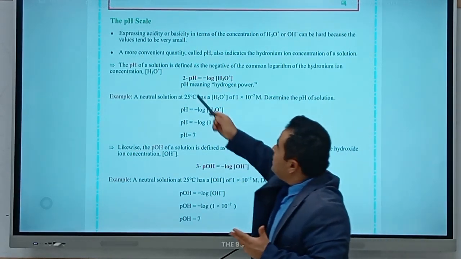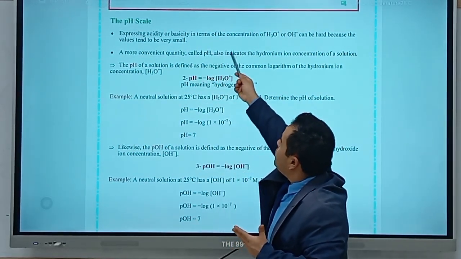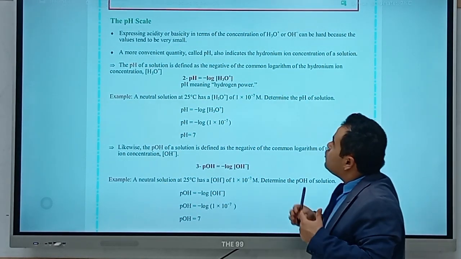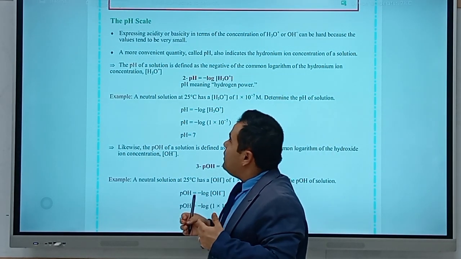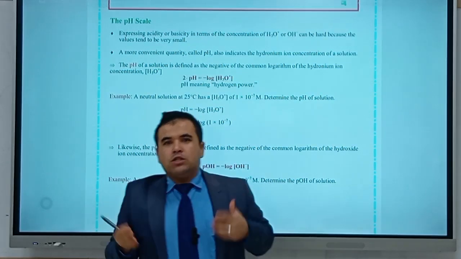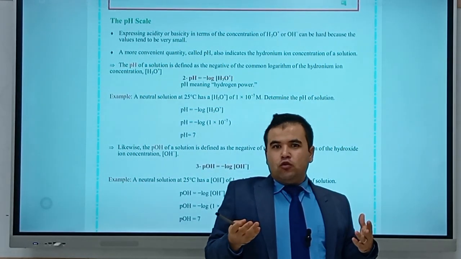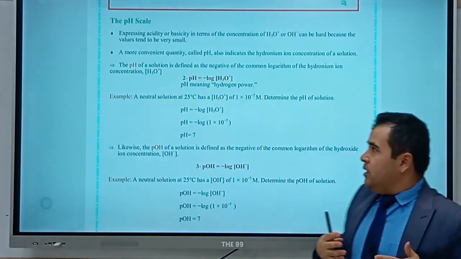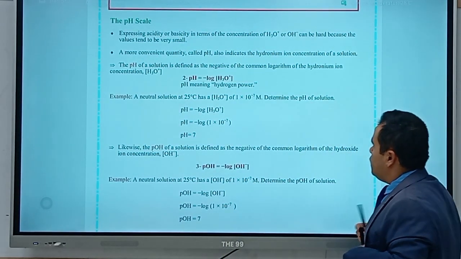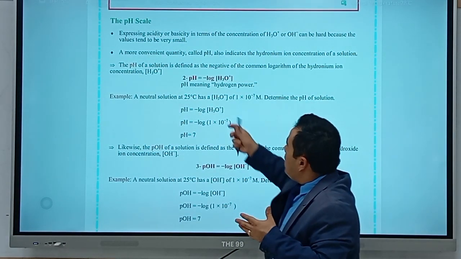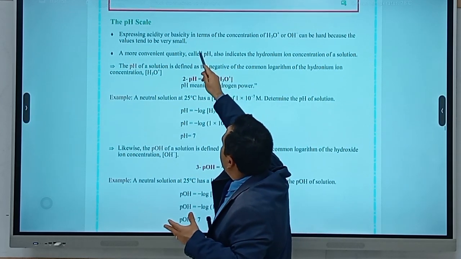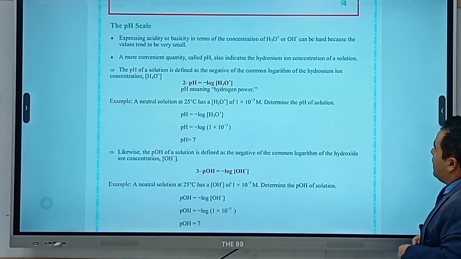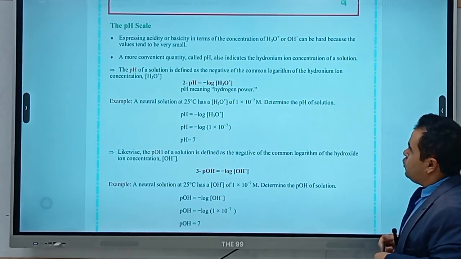Because expressing acidity or basicity in terms of the concentration of hydronium and hydroxide can be hard, because the values tend to be very small. Having those small values of hydronium and hydroxide, we will not be able to easily understand the acidity and alkalinity of the solutions. A more convenient quantity, which is called the pH, guys, can be used to indicate the hydronium ion concentration of a solution.